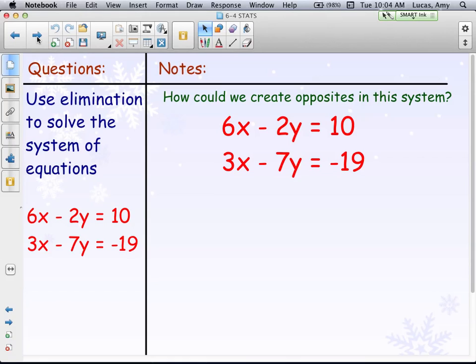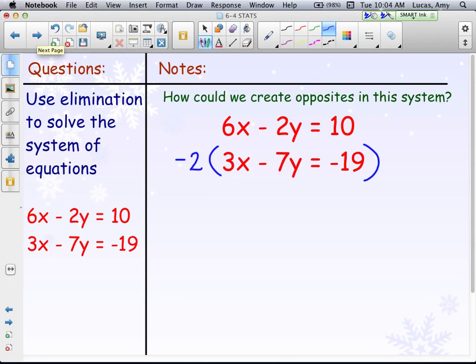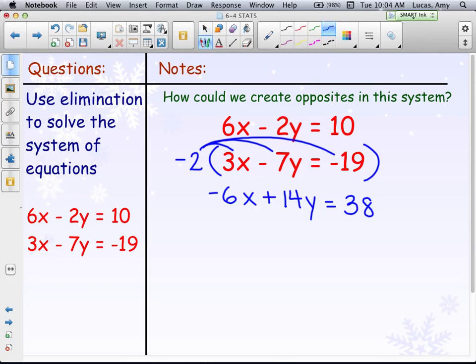If I multiply the bottom equation by negative 2, that will give me negative 6x plus 14y equals 38. So remember that when you distribute, you have to distribute the negative 2 times everything so that you're not doing something that's going to mess with our equality, because the equal sign means both sides are equal to each other.